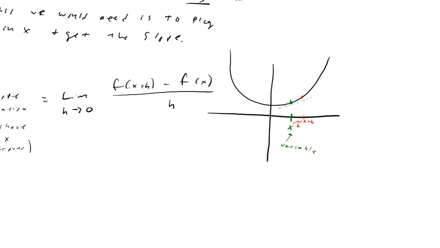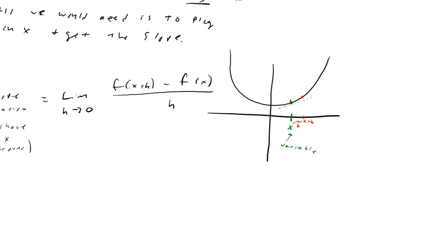So we imagine some location, and we imagine some addition to that location called h. We move a little bit to the right. We have some value x, and we say, well, what if I took another point slightly far away from x? Call it x plus h, right?